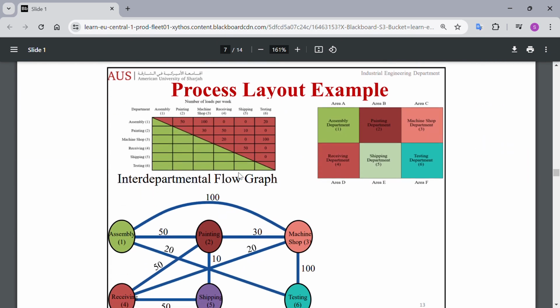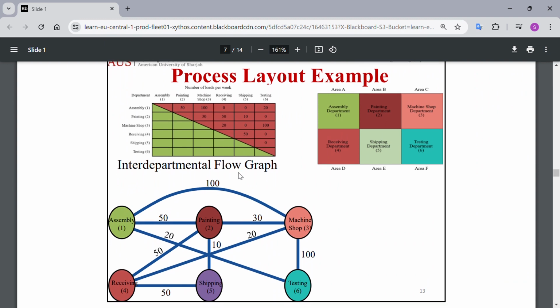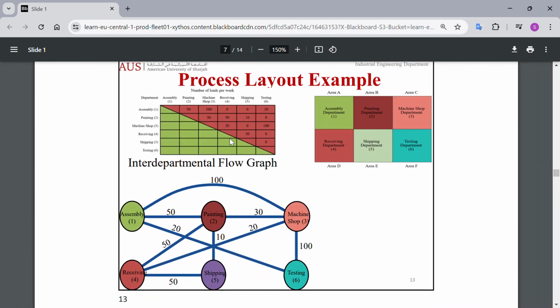And then this is our matrix for the process layout example. Basically we drew this diagram, with assembly, painting, machine shop, receiving, shipping, testing, all of these. As you can see, this is the inter-department flow graph, and basically it requires 100 units of material, whatever that material is, maybe oil, gas, or material for transportation.